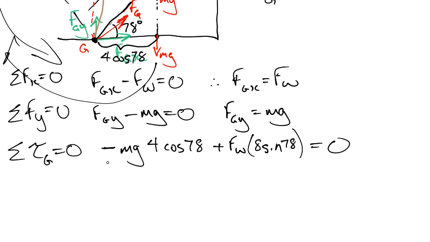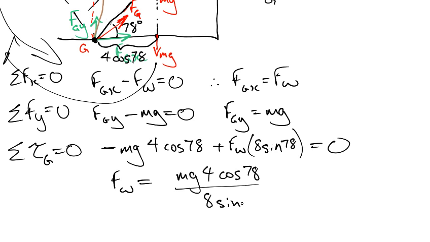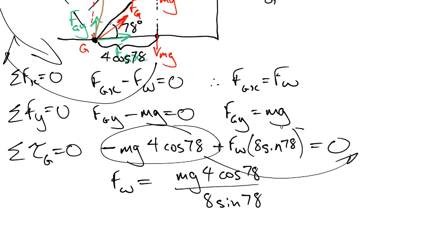Okay, so we can go ahead and figure out what FW is here. So FW is going to equal positive mg times 4 times cosine 78, and then divided by 8 times sine 78. Okay, so take this term to the other side, it becomes positive, and then divide by this term, and we get our answer.